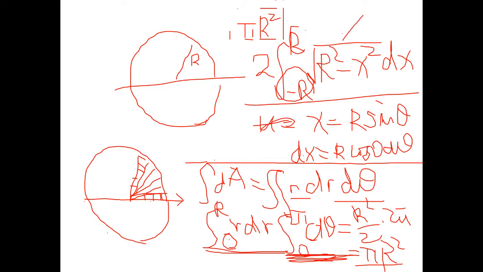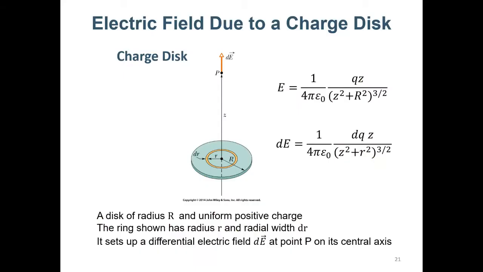But in Cartesian coordinates, you need a substitution and many more steps. So in this case, we separate the solid disk into many rings, and then we integrate them together.